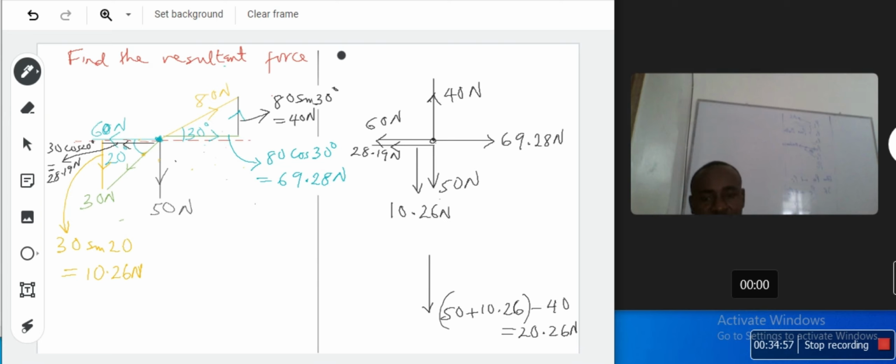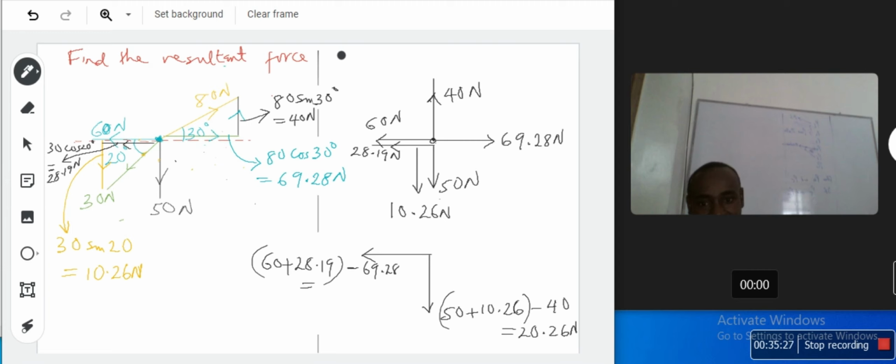Which one is bigger? The one going to the left, right? You know why I represented this one down? Because the one going down is bigger, so it will carry the day. So the other one will be 60 plus 28.19 minus 69.28.